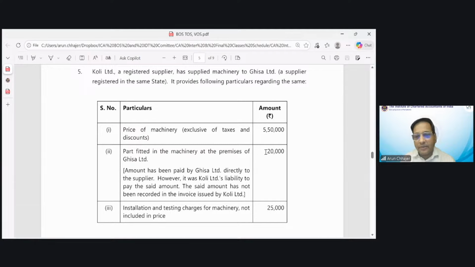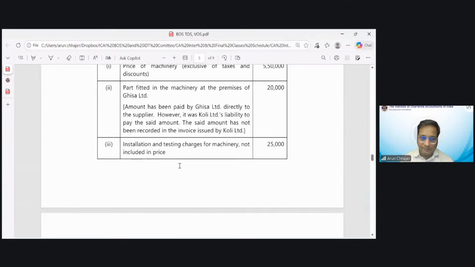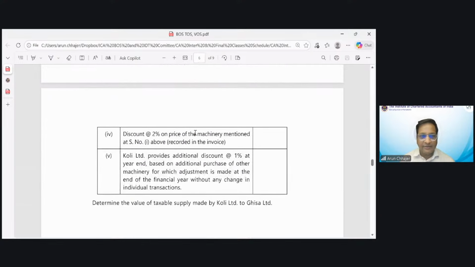Will this 20,000 be added in the value or not? Credit. Clear. Installation and testing charges are not included in the price of the machine. Will it be added in the value or not? The answer is yes, it will be added in the value.